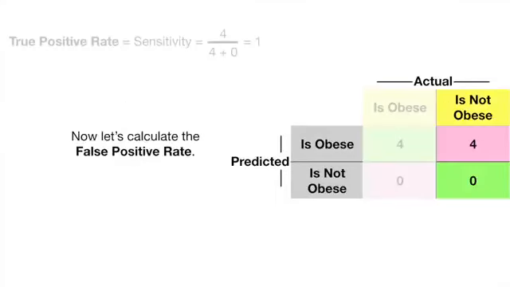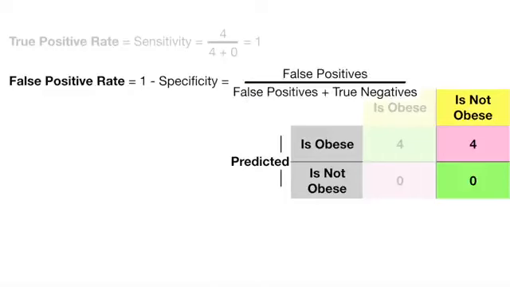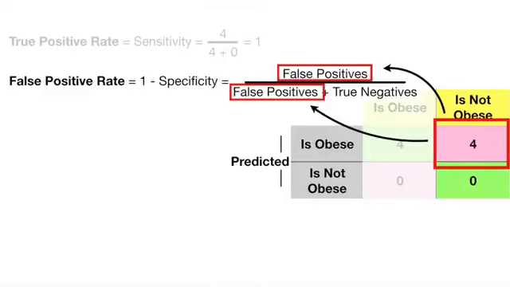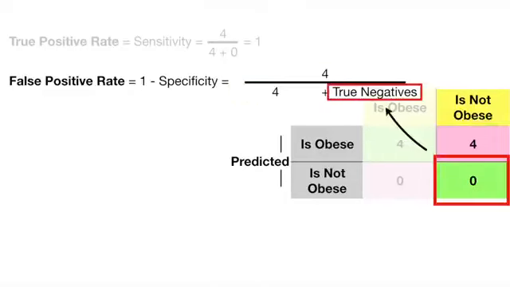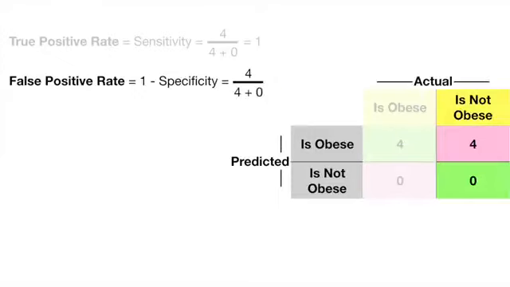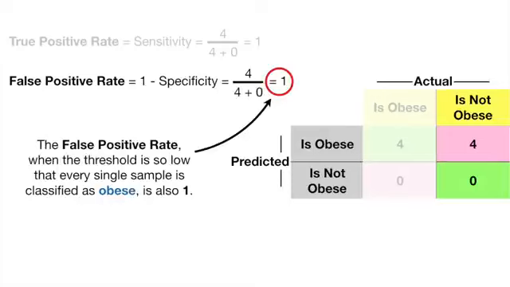Now let's calculate the false positive rate. There were 4 false positives in the confusion matrix, and there were 0 true negatives. Doing the math gives us 1. The false positive rate, when the threshold is so low that every single sample is classified as obese, is also 1.